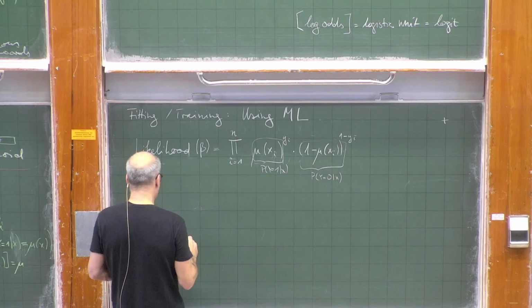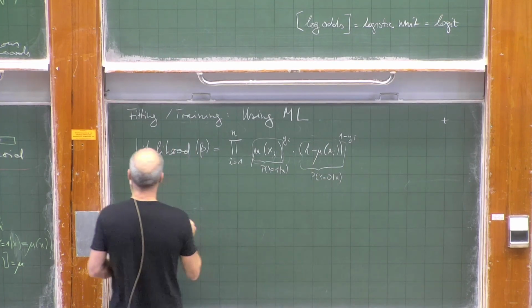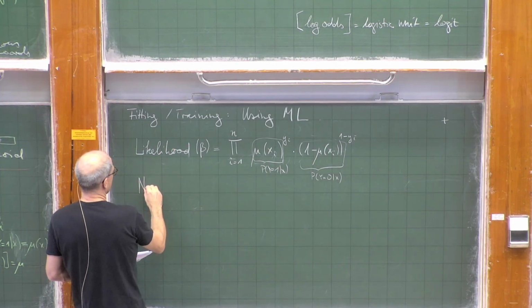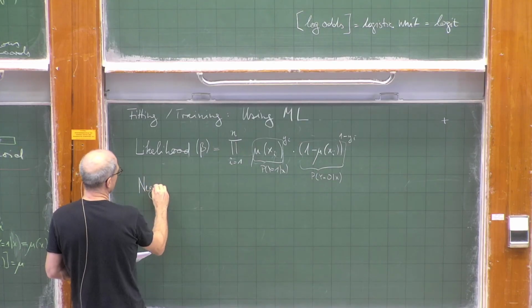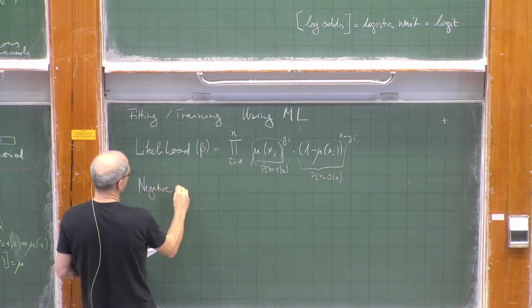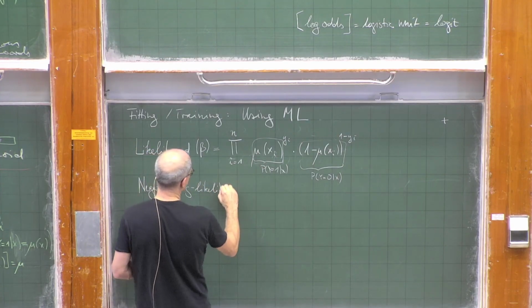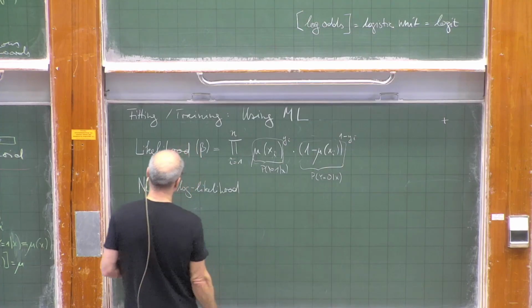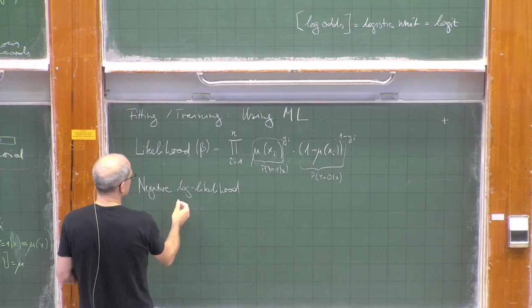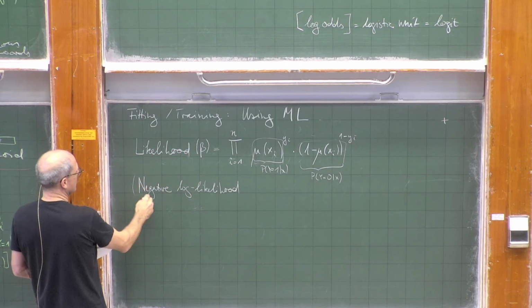And instead of the likelihood, it is often more convenient to work with the negative log likelihood, and the negative is often left implicit.